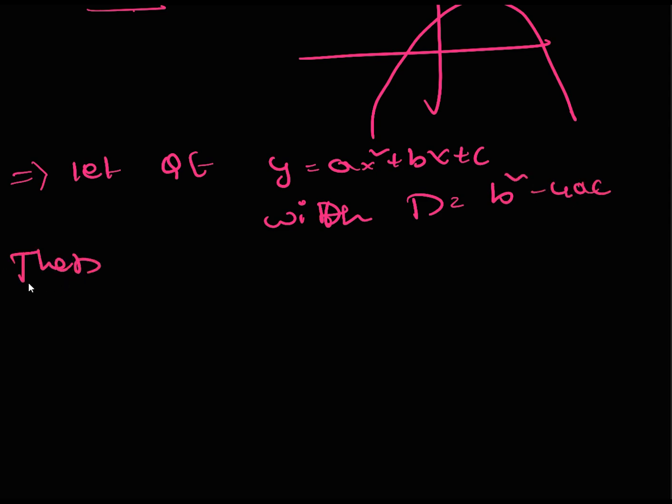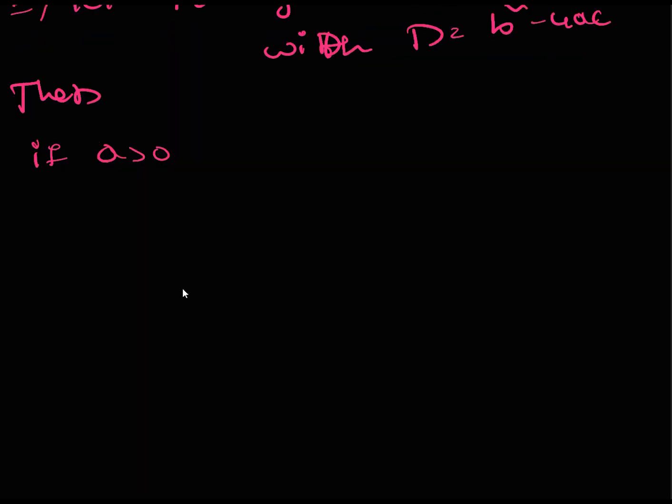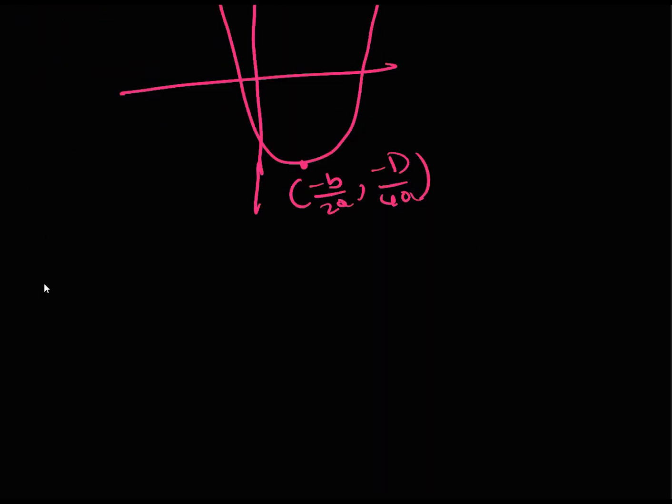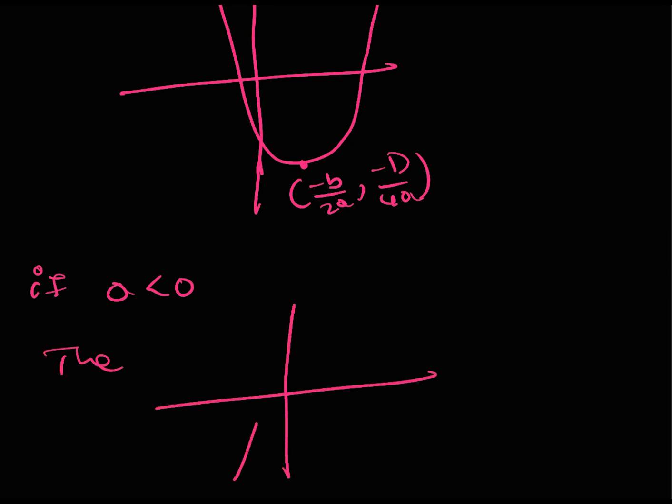Then, if a is greater than 0, the graph of the quadratic equation will be like this, with the minimum point at minus b by 2a comma minus D by 4a. And if a is less than 0, then the graph will be inverted with maximum at point minus b by 2a comma minus D by 4a.